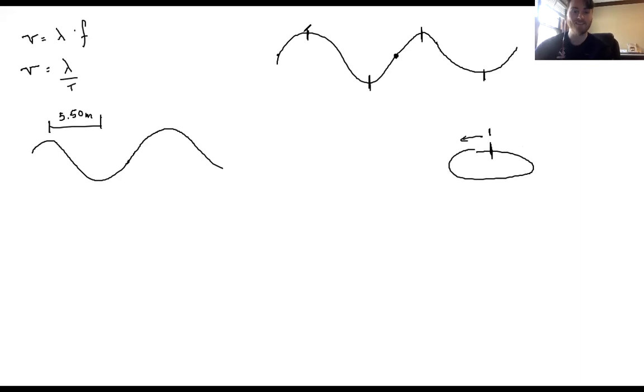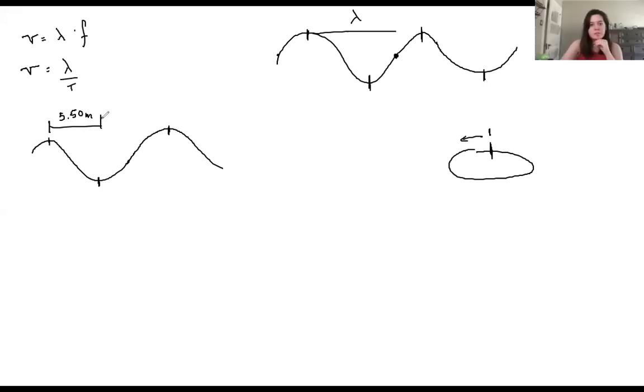A wave has to go from one spot over to the exact same spot in order to have a perfect wavelength. So, ours right now is 5.50 meters from the crest to the trough. And in order to get wavelength, we want it to the exact same spot. We want a crest to a crest.